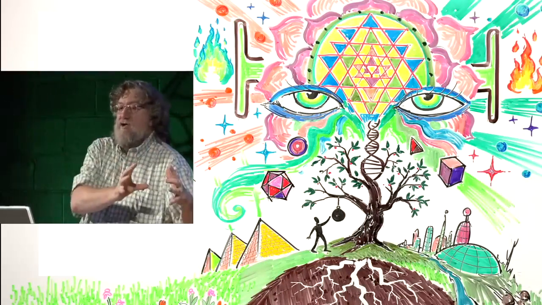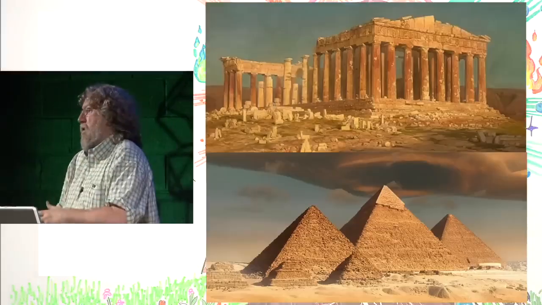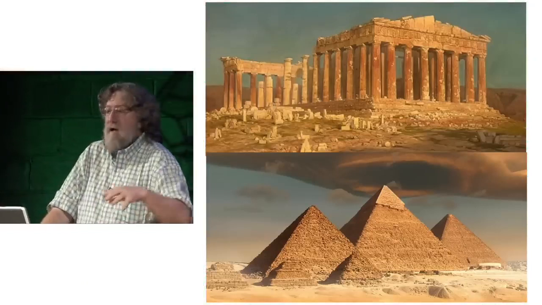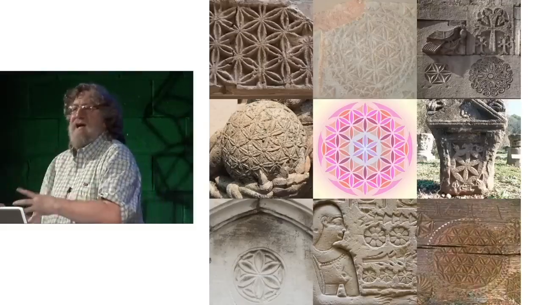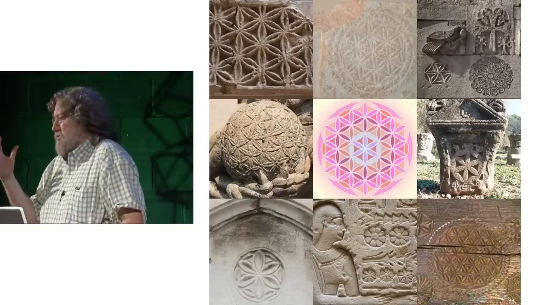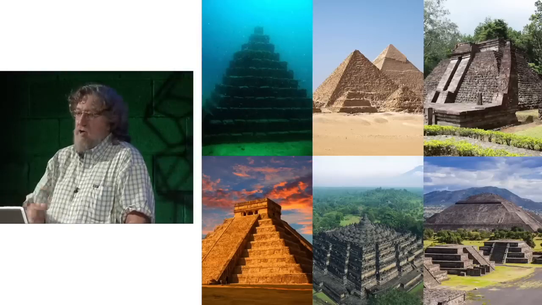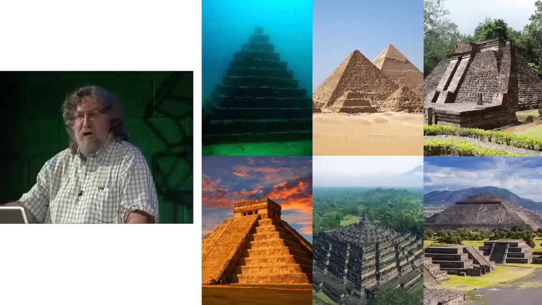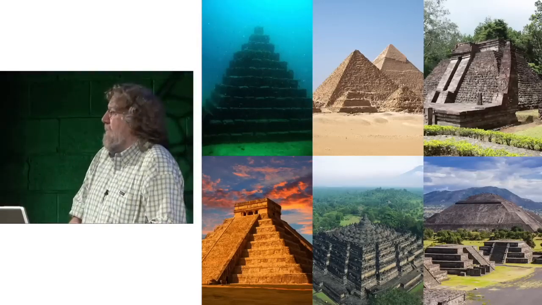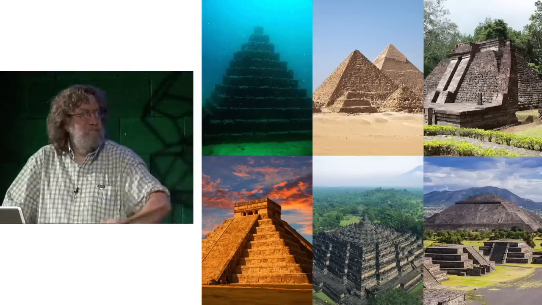I think that's part of what's going on, trying to understand the sacred science behind structures like the Parthenon and the Great Pyramid and many of the other temples, is this science of harmony, of resonance, and creating structures that vibrated according to certain frequencies, and those frequencies would be attuned to the slowly changing frequencies of the Earth itself as it goes on its cosmic journey through the universe.